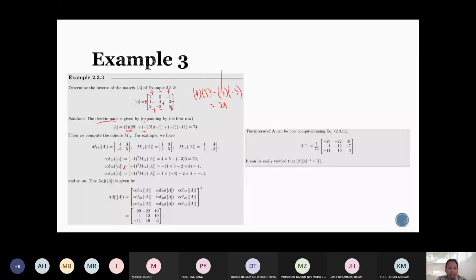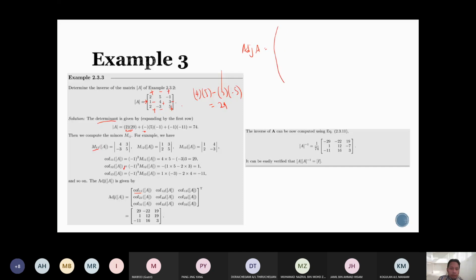After you get the determinant, you can find the adjoint matrix A. To find the adjoint matrix A, kita kena cari the cofactor. Before finding the cofactor, you need to find the matrix of minors. For example, adjoint A. I show you the first element only.